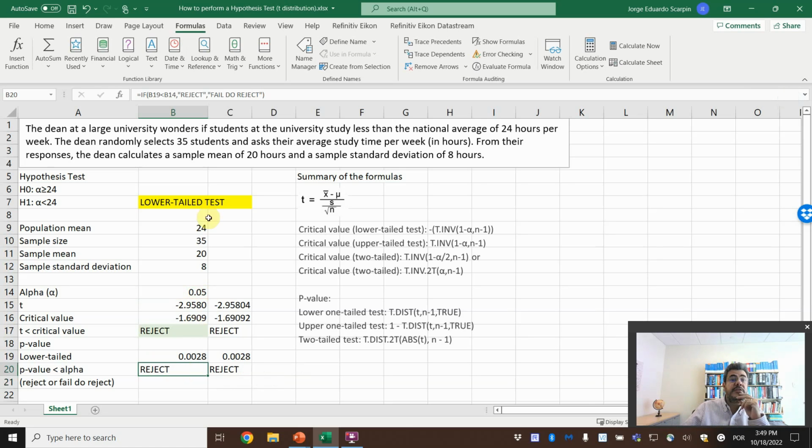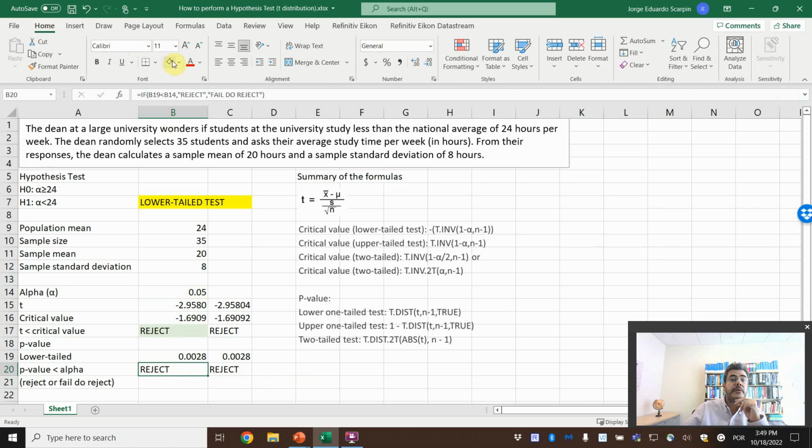So reject, and we are good. Here we reject the null hypothesis that the students study at least the national average. So yes, we can assume that this is rejected.